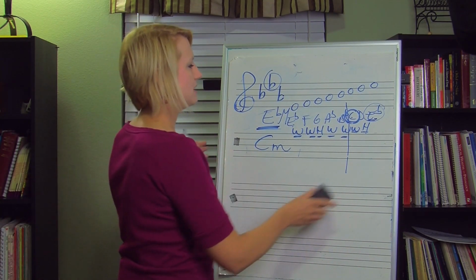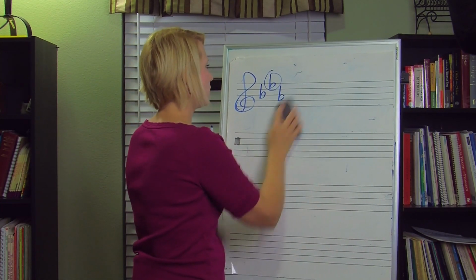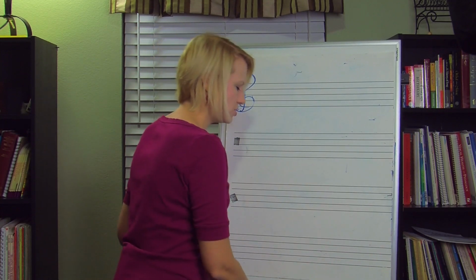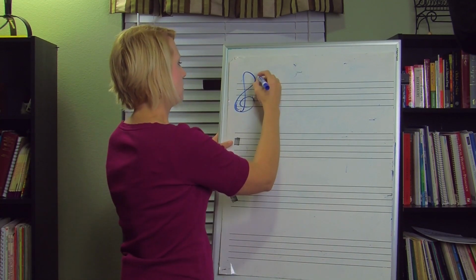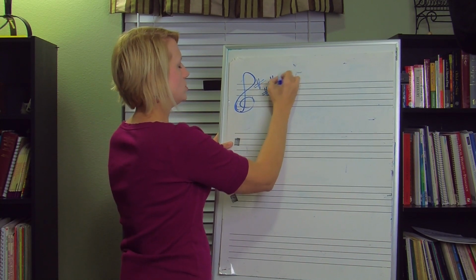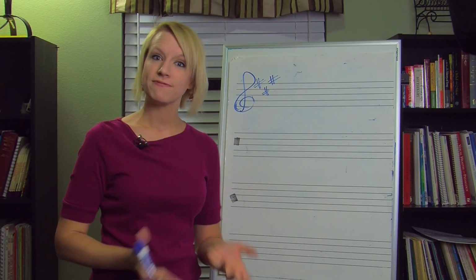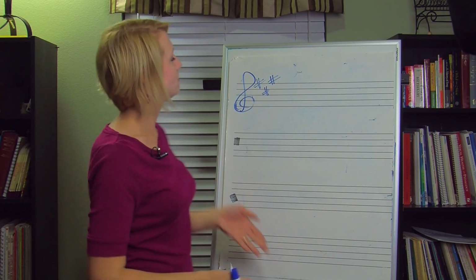So let's do a couple of these out loud and see if we can figure out those relative minor key signatures. F, C, G sharp. Okay, so if this is my key signature, let's first figure out what the major would be.